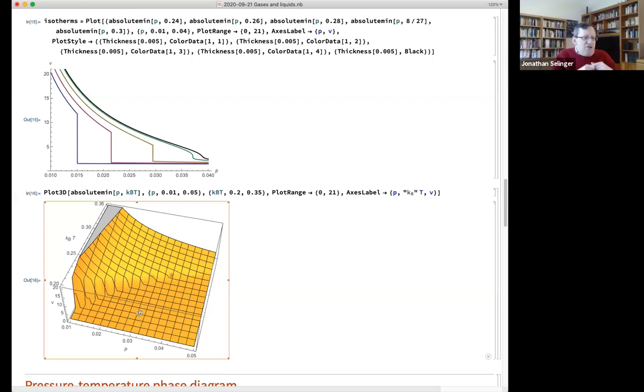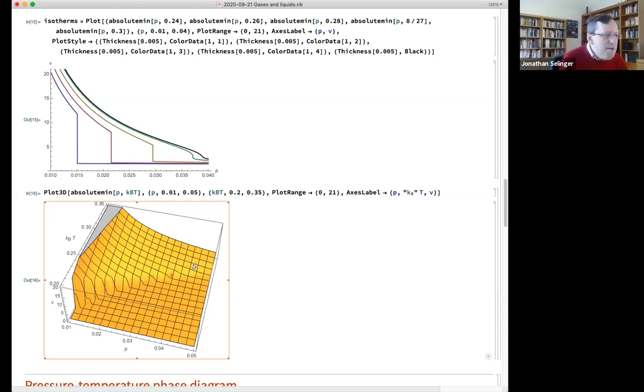Here, there is no such symmetry, because there's no symmetry between extra high density and extra low density. High density and low density are really different from each other. So the symmetry is gone, and the boundary is not right along some axis the way it was before. But still, it's the same kind of structure for the three-dimensional plot.